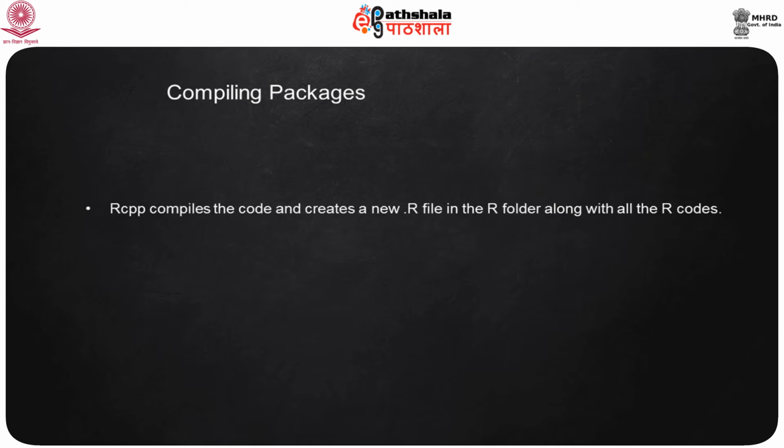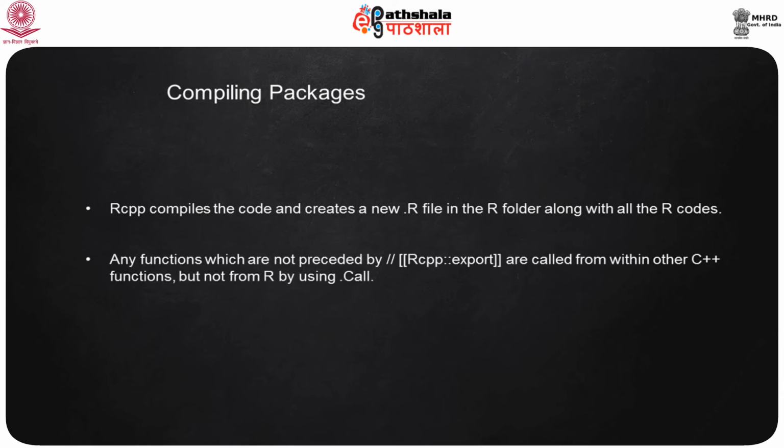Now, Rcpp compiles the code and creates a new .R file in the R folder along with all the R code. Any functions which are not preceded by Rcpp export are called from within other C++ functions, but not from R by calling .Call.